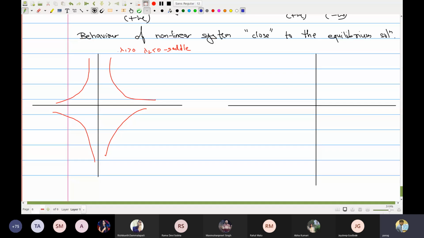Then lambda 1 greater than 0, lambda 2 greater than 0, you are going to have this behavior.